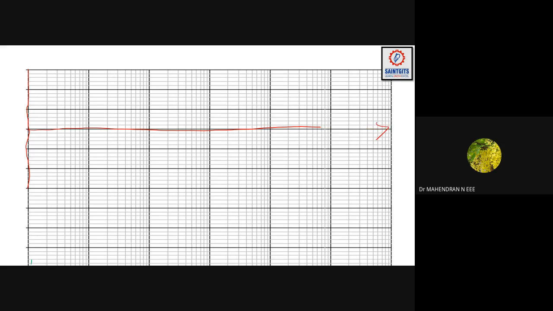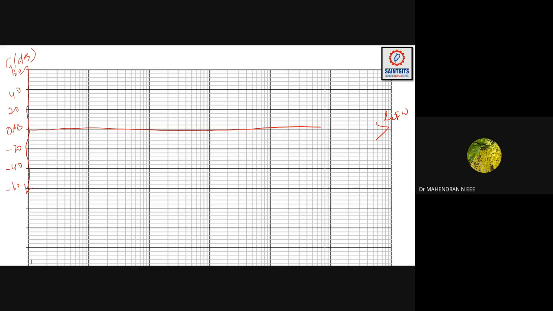So this is the x-axis, log omega scale, and this is gain in dB, with 0 dB at the axis. Here it is 20, 40, and 60, and minus 20, minus 40, minus 60.